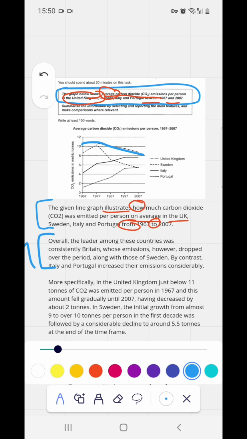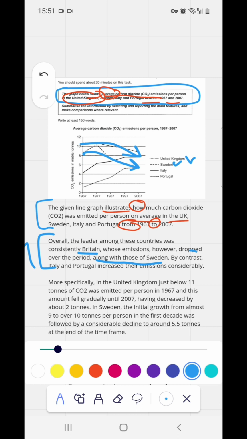It was the United Kingdom, as you see. Then I wrote that its trend was downward, and I combined it with the second country who had a downward trend. It was Sweden. So look here. So Britain, whose emissions dropped along with those of Sweden, which means like together with the emissions of Sweden.